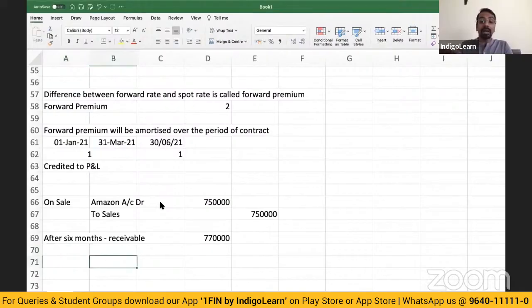Now, after 6 months, when you receive this amount of 7,70,000, what do you need to give? You need to give them dollars. How many dollars do you need to give? You need to give them $10,000.